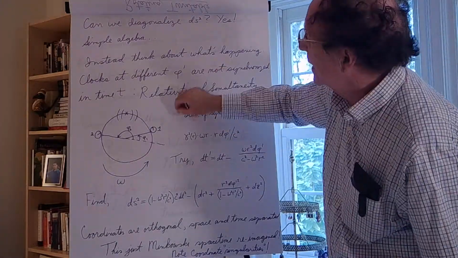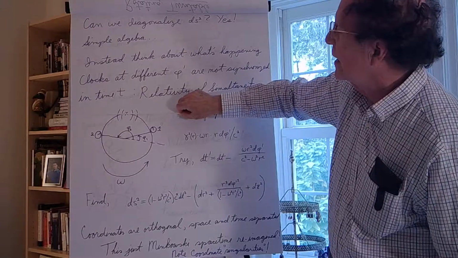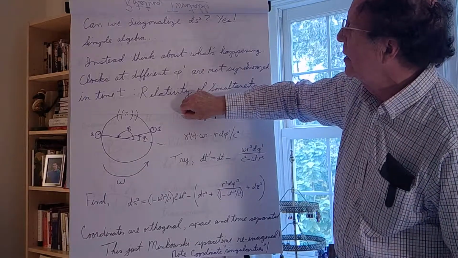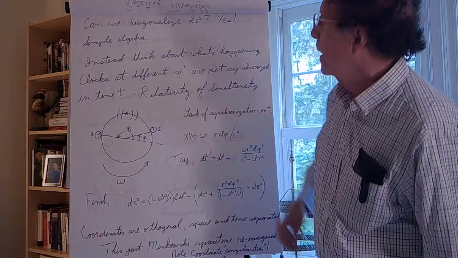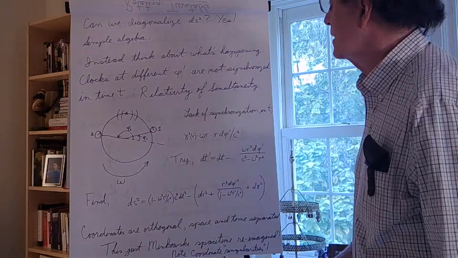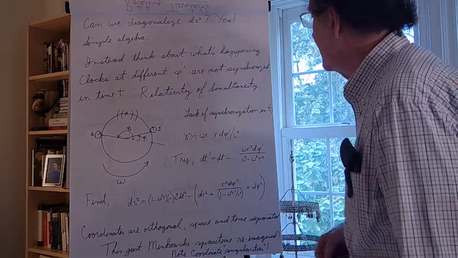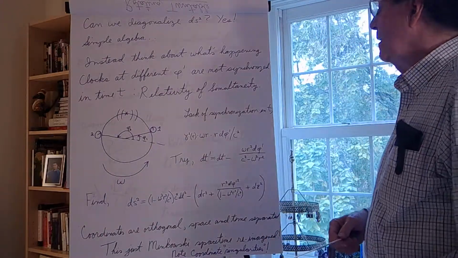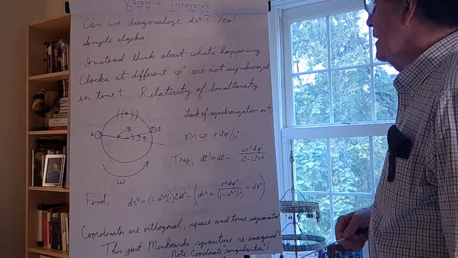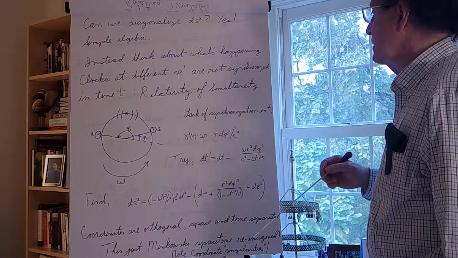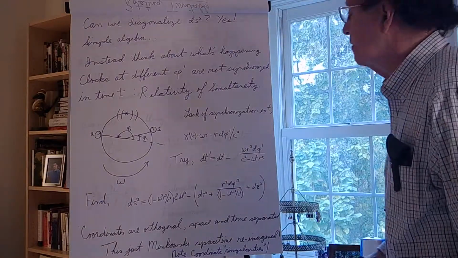So we can imagine that these 2 points are very close to one another, so that at any particular instant, I can imagine an instantaneous frame coming along here, okay, in which both clocks are instantaneously at rest. They're moving at a velocity given by omega r, okay, and they're not synchronized. Well, how much are they out of synchronization?